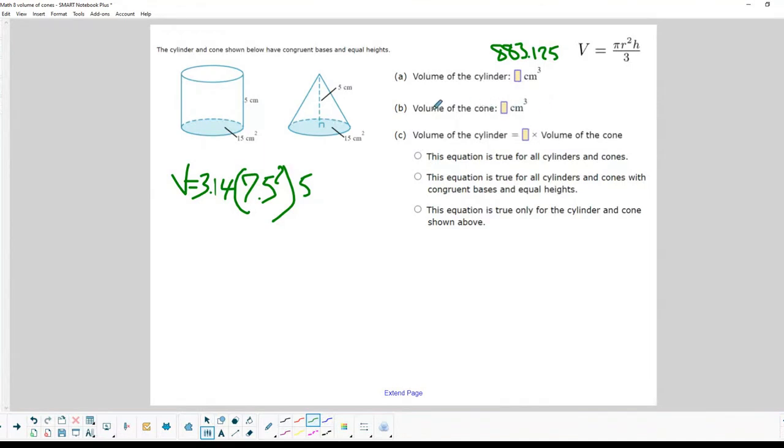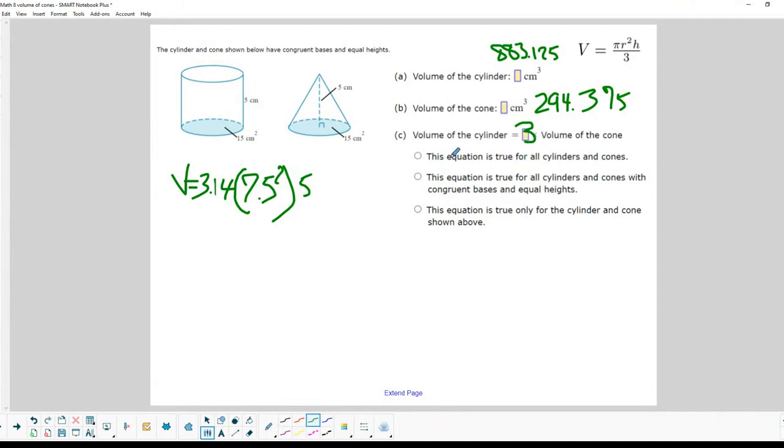So the volume of the cone, then, if I divide that first number by 3, I get 294.375. Okay, so we know that the volume of the cylinder equals 3 times the volume of the cone.